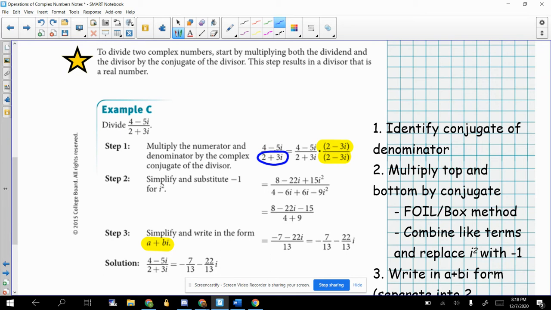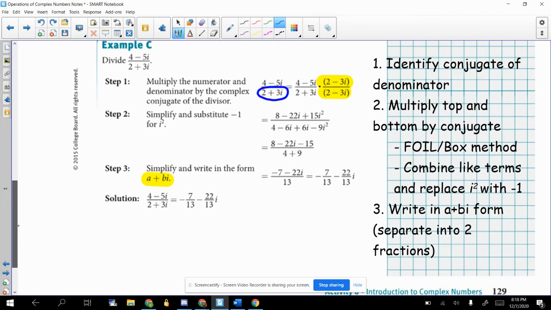The reason we do this is because remember, we cannot have a radical in the denominator, so we also can't have that i in the denominator. If we multiply the denominator by its complex conjugate, those i values are going to cancel and leave us with just a real number in the denominator. So that's what we want.